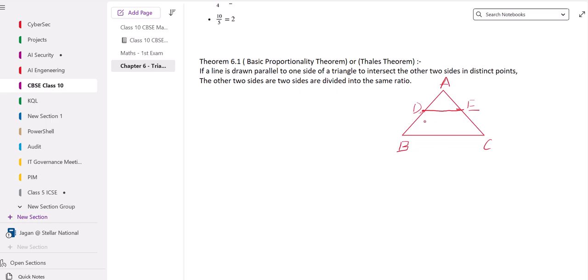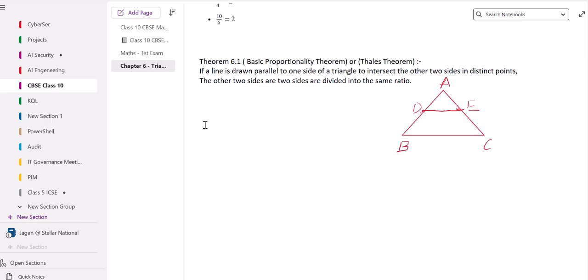So after giving the naming, what does this theorem say? If the line DE is intersecting AB and AC at distinct points, then AB and AC are divided in the same ratio. That we need to prove.